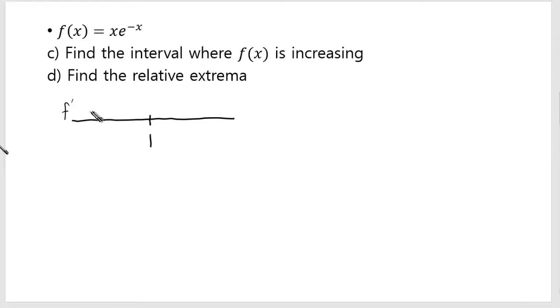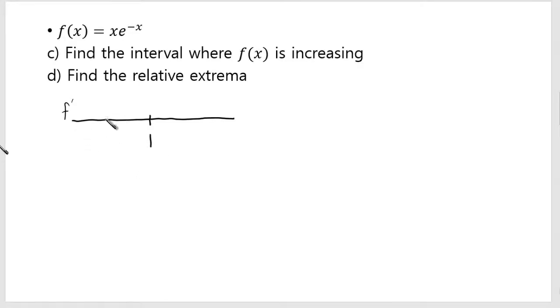And to figure out where f prime is increasing or decreasing, and where the function has a relative extrema, you need to figure out the sign of f prime. It's all determined by figuring out where f prime is positive or negative. So that's why I put the 1, which is a place where f prime is 0.